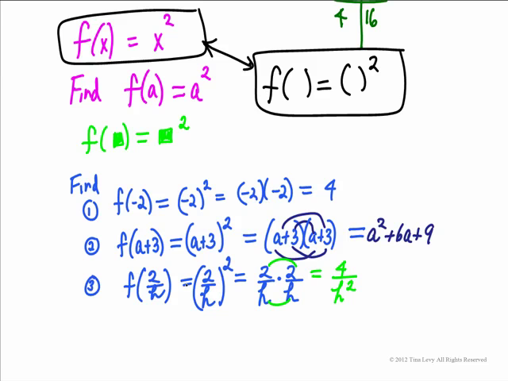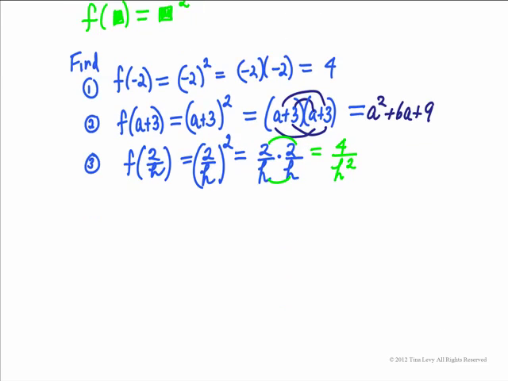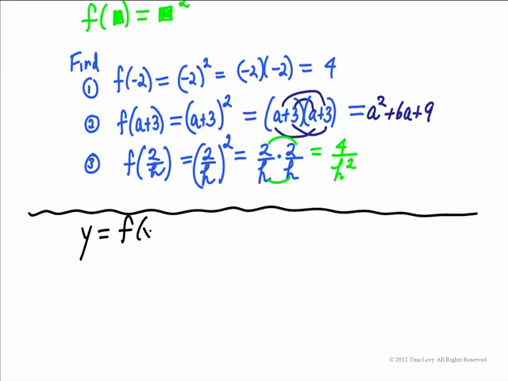Now sometimes we want to talk about two functions at the same time. So we might call one function y is f of x, a function of x, and we might have a second one, g of x. We don't use in the same problem the same letter, because you can't say two functions.